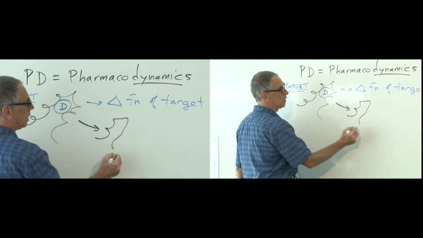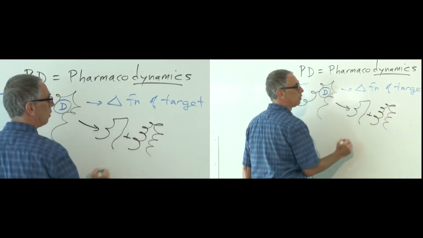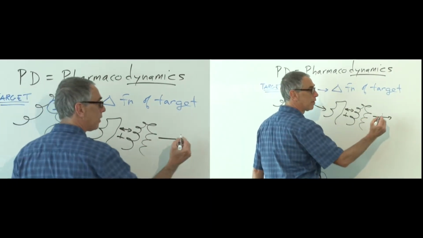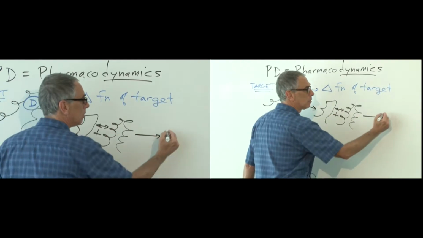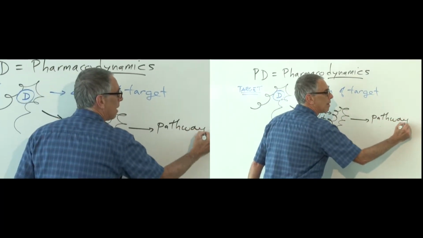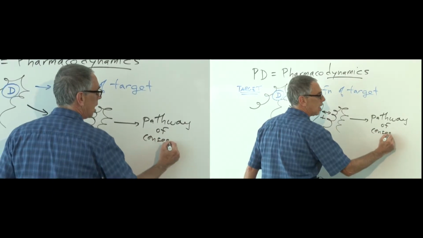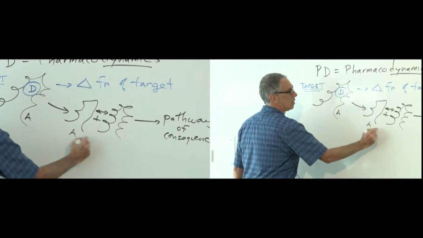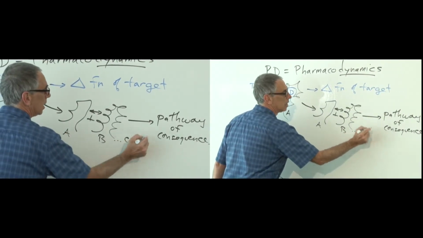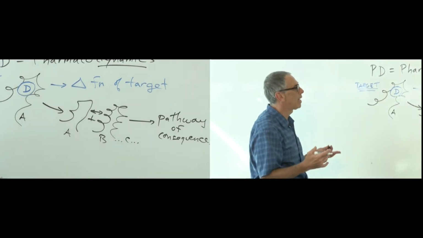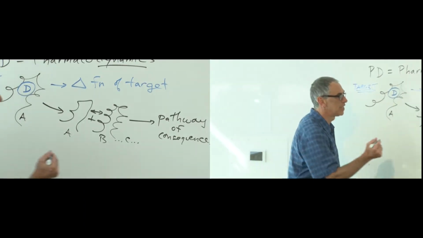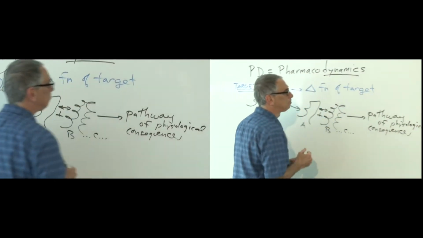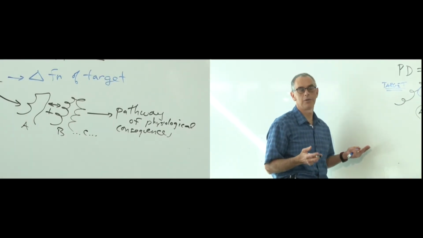So there's this protein, and it's interacting with this protein, and they do something together, and that perhaps leads to some other effect in the body, which in general will lead to a pathway of consequences of changing the function of, so this is A, this is B, and you might have C, D, etc. So these pathways of, I'm calling them consequences, these are physiological consequences. And pharmacodynamics is the study of how the drug works.